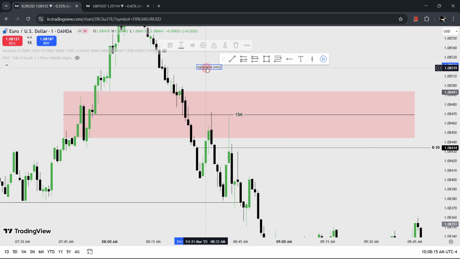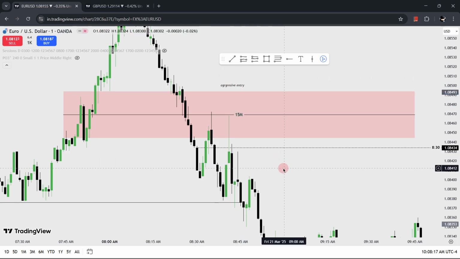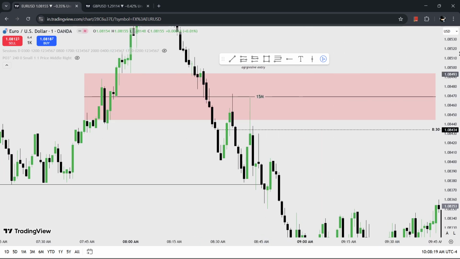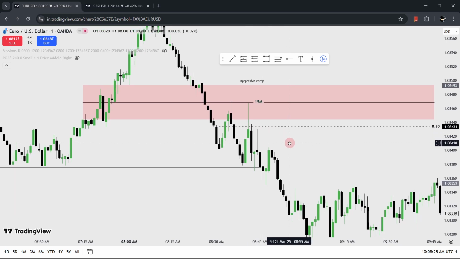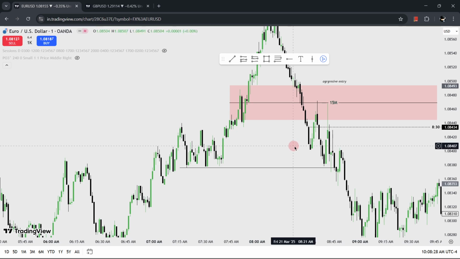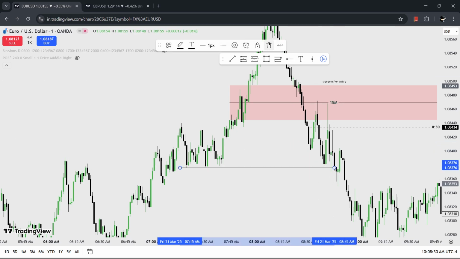It is an aggressive entry. As I told, it's an aggressive entry. So you don't need to risk 1%, you can risk 0.5%. Since it is an aggressive entry, if you're an aggressive trader, risk what you like.